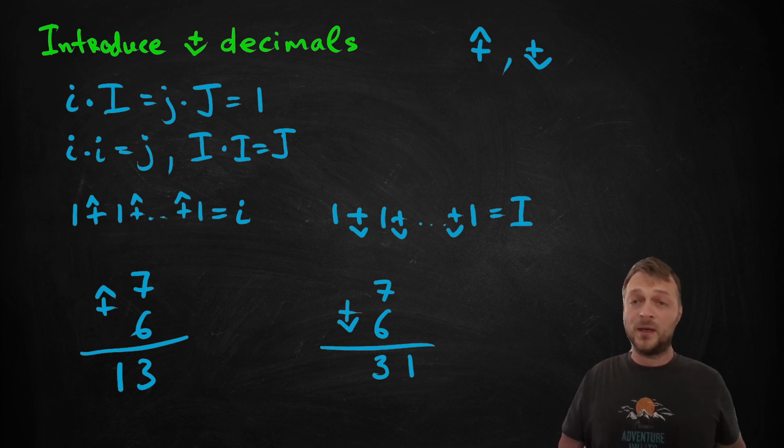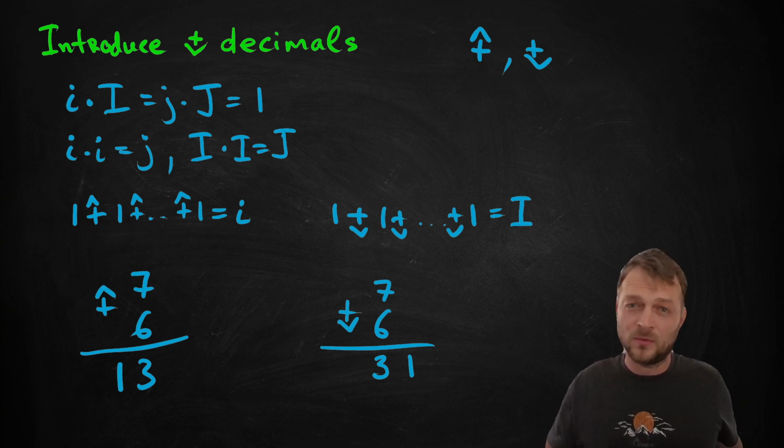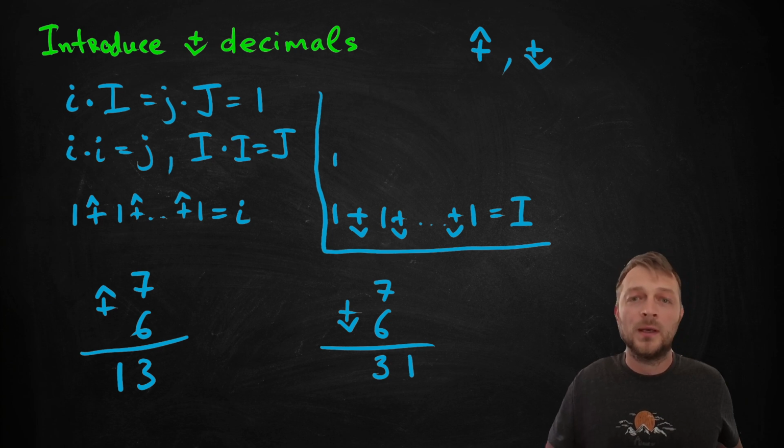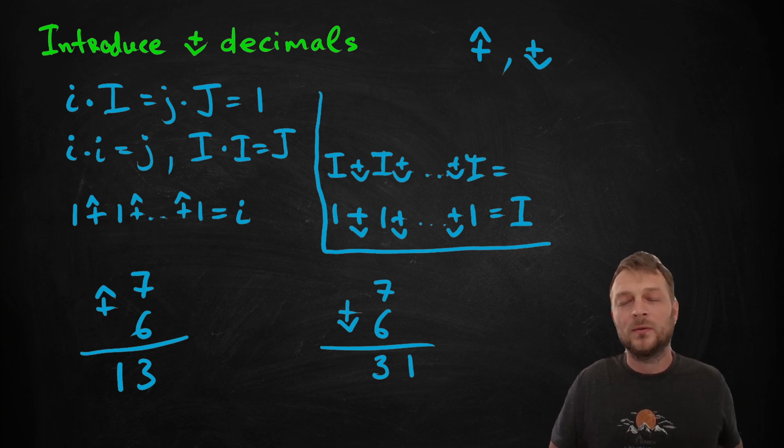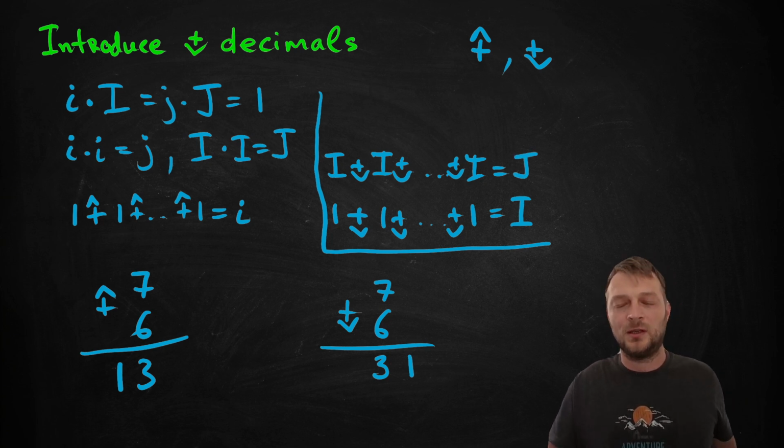So if we base our system on this type of rules, let's say we already have this one rule. If we add I plus I plus I 10 times, carrying over to the left would mean that we get to the position j.